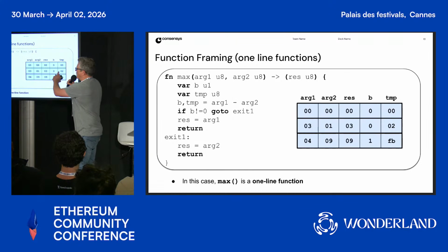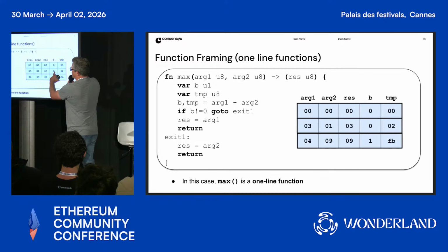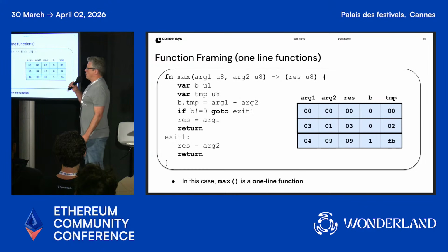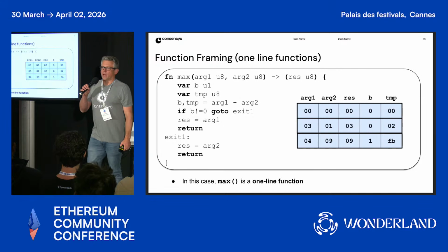What that means is that every row in our trace corresponds to an instance, a function call if you like, of the max function, right? If we look in the middle row, we can see arg1 is 3, arg2 is 1, and the result is 3 because this is the max function. The borrow is 0 because arg2 was lower than arg1, and my temporary is just arg1 minus arg2, which is 2. So that is one complete trace for max.